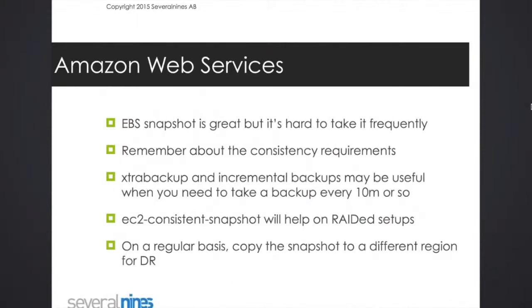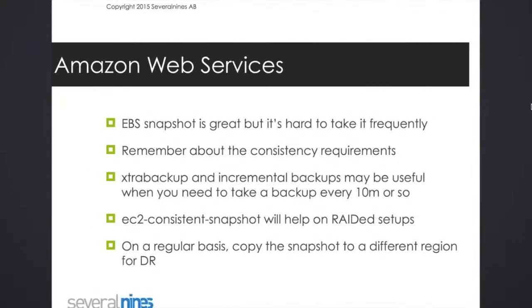Amazon Web Services, so that's another example. In general, in Amazon, EBS snapshots are great unless you need to execute them too often. Of course, you have to keep in mind the consistency requirements that we were discussing earlier.